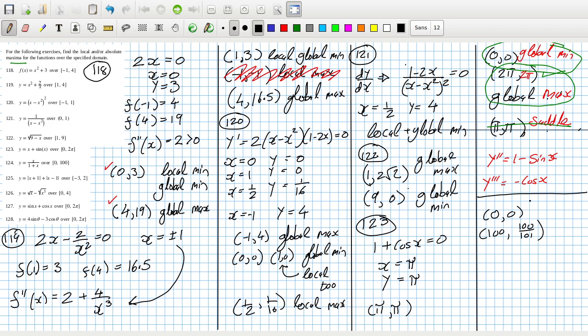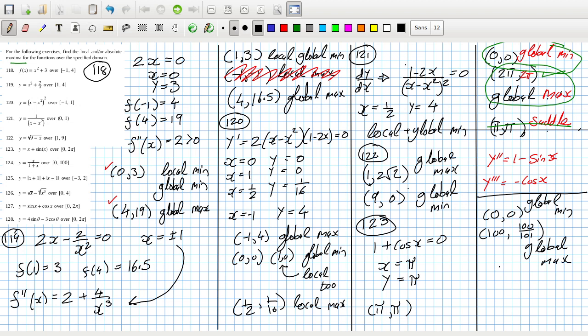We can't go negative, so that has to be a global min. Question is, is this a global max? I think that is a global max. Because if you think about it, if x is 1, this would be 1 over 2, or 2 over 3, or 3 over 4. So it's asymptotically going towards 1.